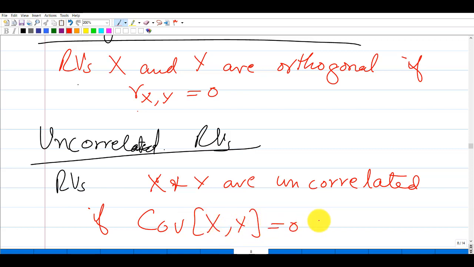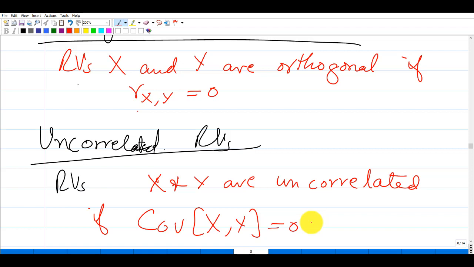So don't get confused with these two terminologies. Always remember that orthogonal means their correlation is 0, and uncorrelated means they have 0 covariance. So kindly remember this: once again, if two random variables have correlation 0, we say that they are orthogonal, and if two random variables have covariance 0, we say that they are uncorrelated.